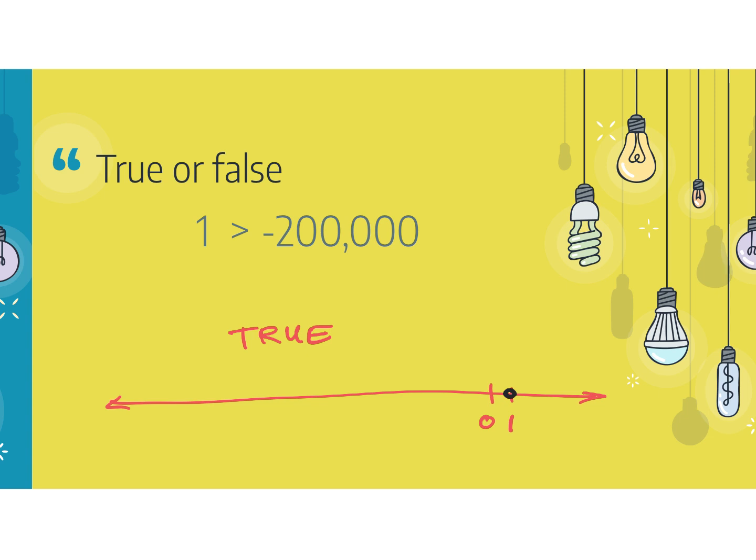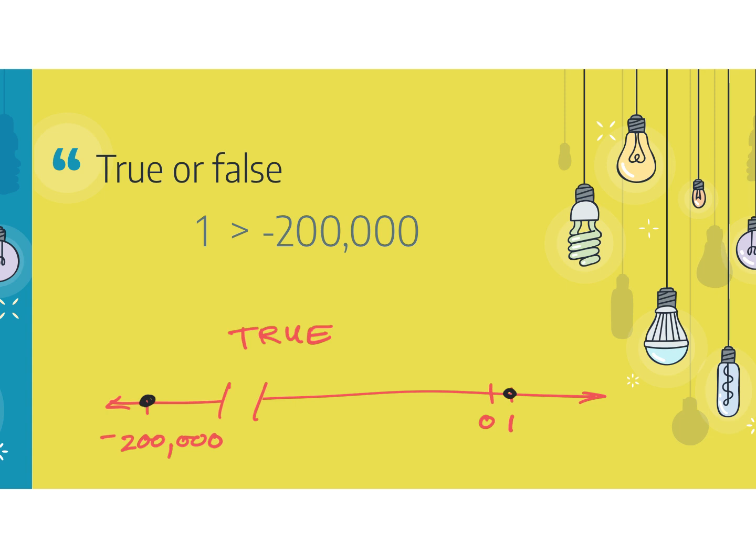I think we'll go ahead and put a break in this number line just for purposes of understanding this is not to scale. And we'll place negative 200,000 on this side of the number line. And we see immediately that negative 200,000 is smaller than 1 because it is furthest to the left. In fact, all positive integers are greater than all negative integers.